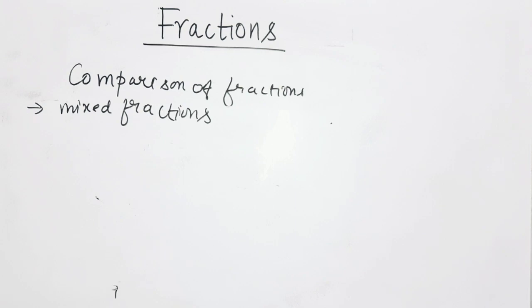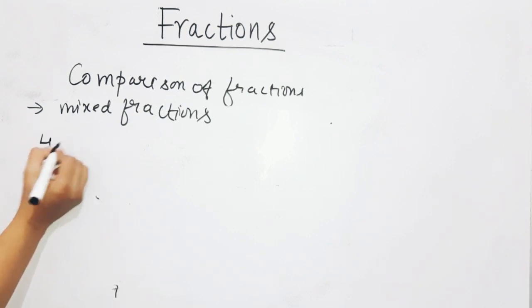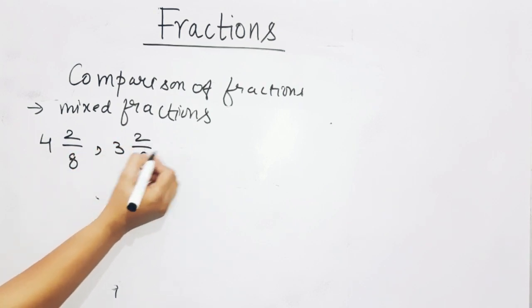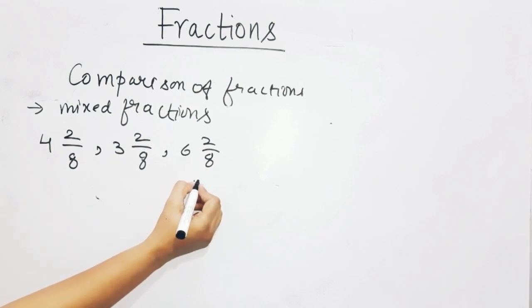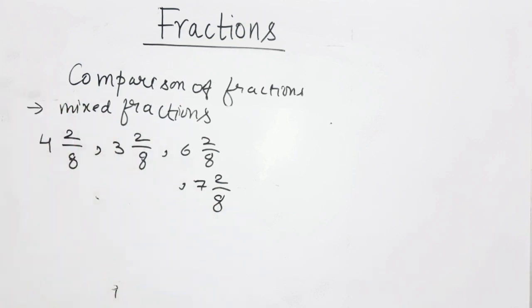Now I am taking one example from the book itself. 4 2 upon 8, 3 2 upon 8, 6 2 upon 8 and 7 2 upon 8. Now how we have to compare these fractions? So the first step is to compare the whole numbers.